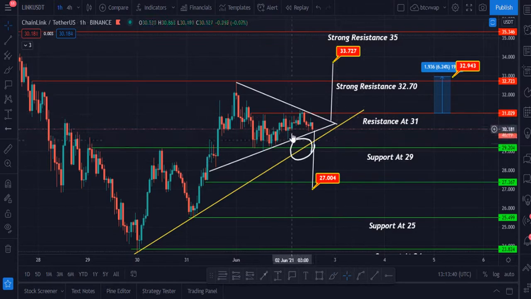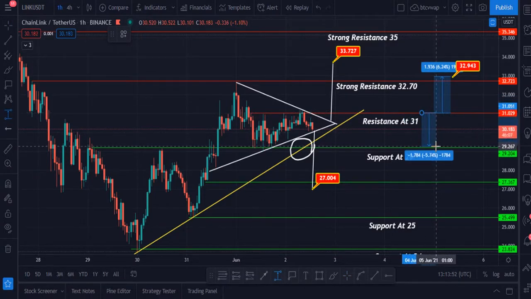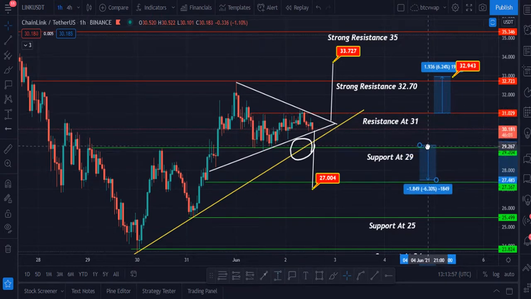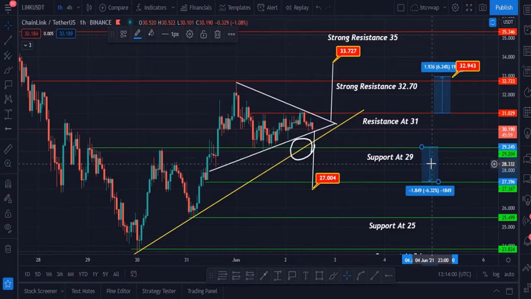But if Chainlink breaks this area, in that case 27 will be the target. According to the support and resistance base, if Chainlink breaks this $29 support zone, in that case our bearish target will be $27.24, maybe $27.